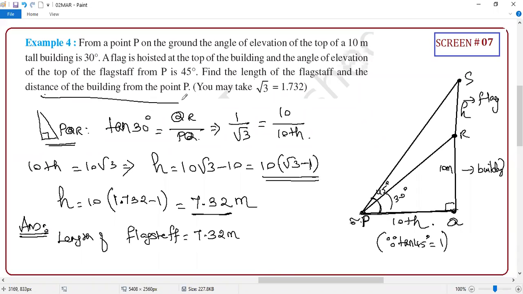And what is that? Distance. Simply you write required distance, or you can say distance of the building from the point B. You can write everything or simply say distance, student. Distance equal to 10 plus h. You can directly write 17.32 meter.